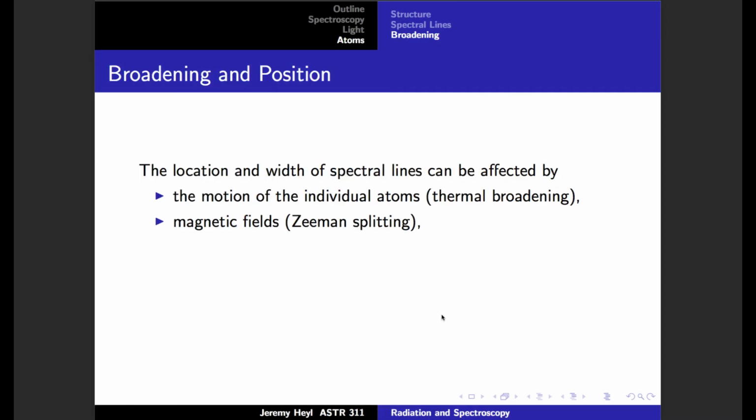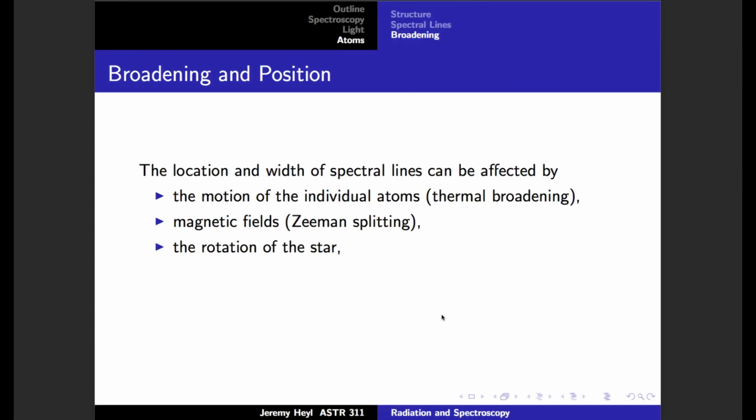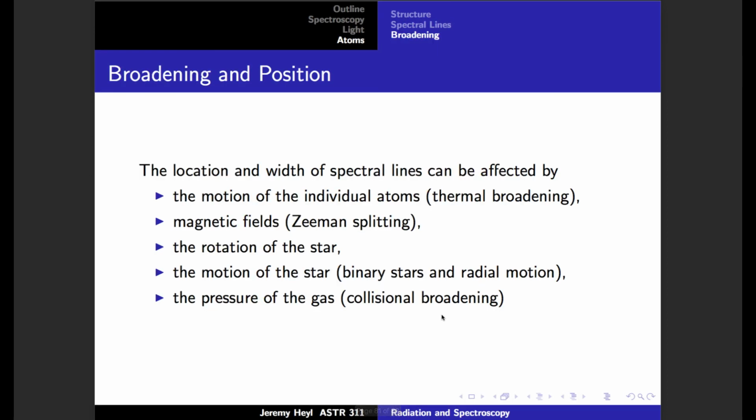If the star has a magnetic field on it, that will affect how the electrons go around these atoms in their orbits, believe it or not, and that will change the location of those spectral lines. The star can rotate, we talked about that. The stars can be moving, so we can have binary stars or the star moving towards or away from us.